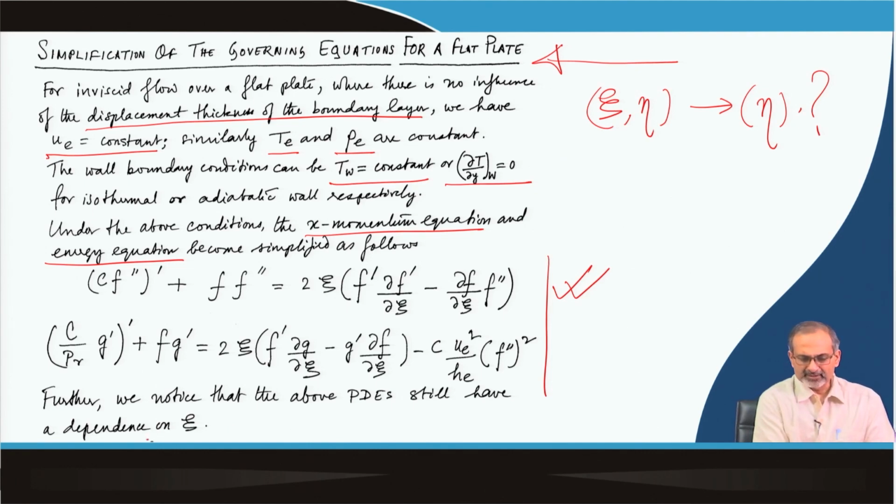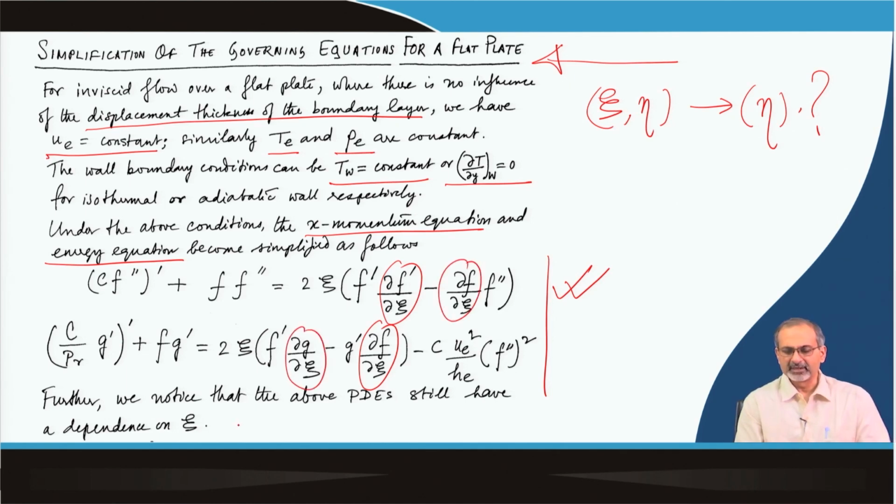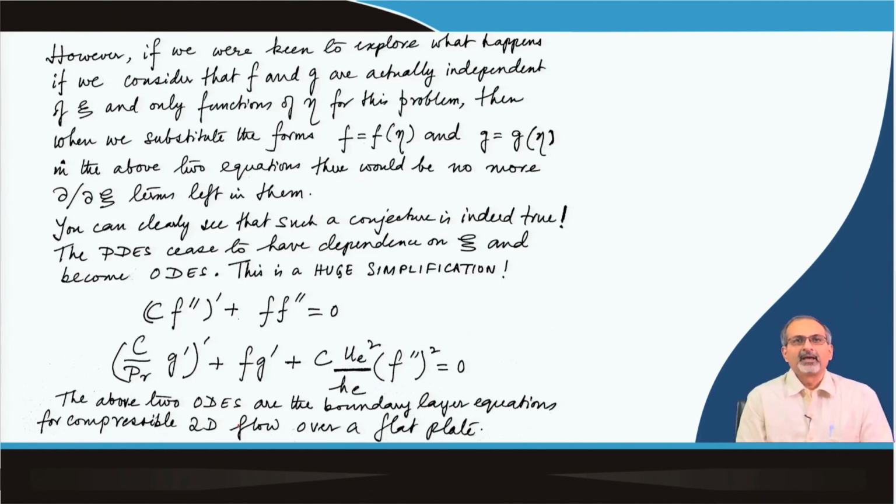Again, we notice that these equations continue to show dependence on xi. There are several derivatives, for example, which are dependent on xi. And now we are going to explore whether the functions f and g are actually independent of xi or not.